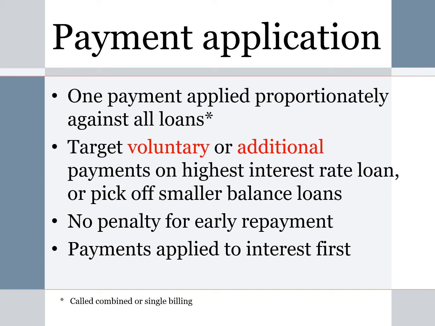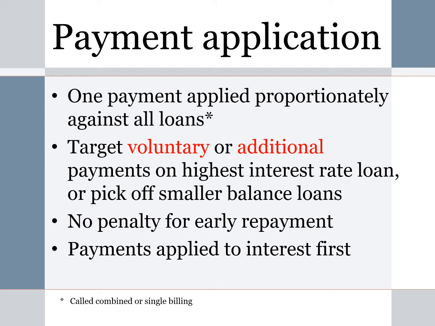But look at number 2. If you make a voluntary payment on your loans, perhaps during a grace period, or you pay over and above the minimum required payment amount, you get to post that extra payment or the voluntary payment on the loan with the highest interest rate. That's a great way to get the best bang for your buck in repayment. Some of you may choose to pay off smaller balance loans with additional aggressive payments.